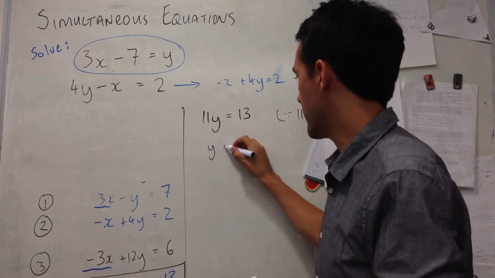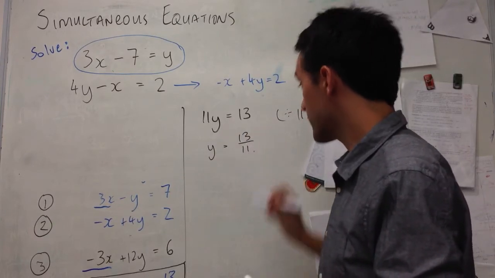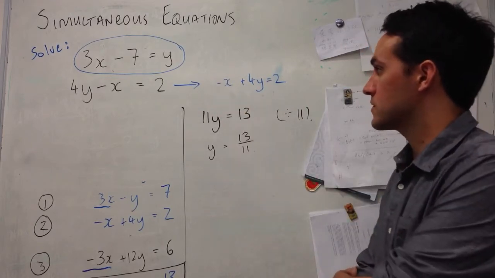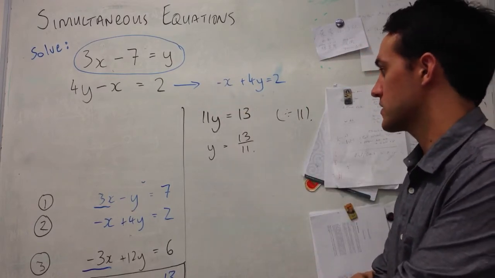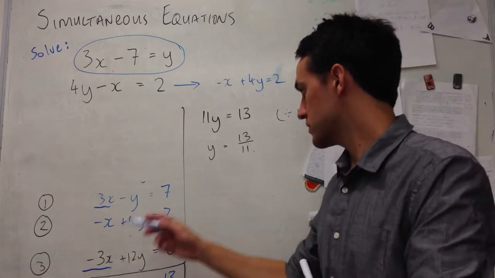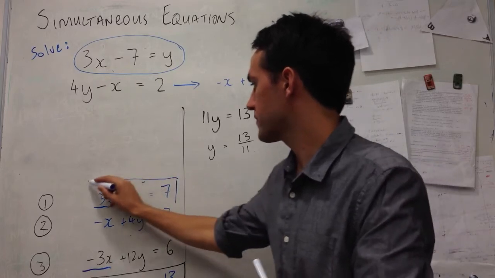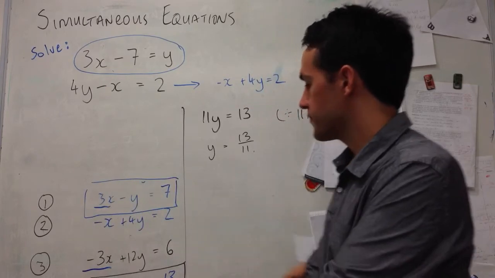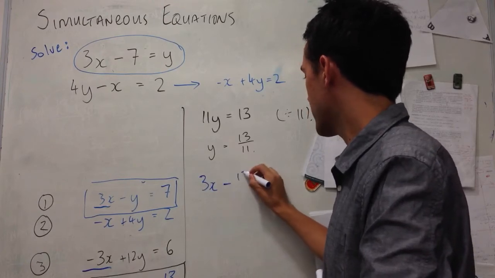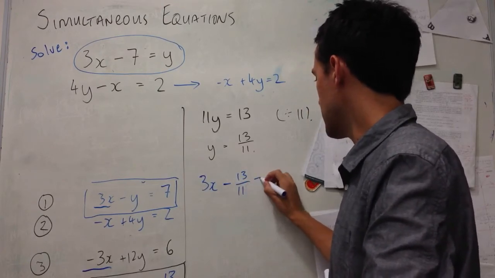So I get y equals 13 on 11. And now to find my x value, I can just substitute this into any of my original equations. So perhaps I'll use this equation here. So I'm going to have 3x minus 13 on 11 equals 7.